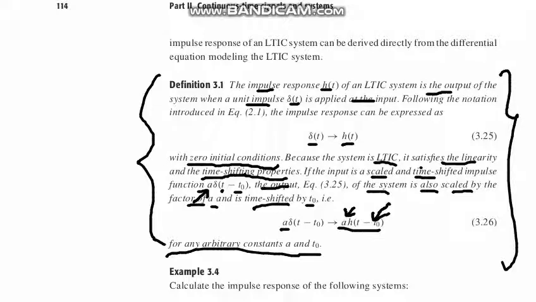These kinds of systems we know as LTIC systems. So that is the definition and a very easy way to find an LTIC system.